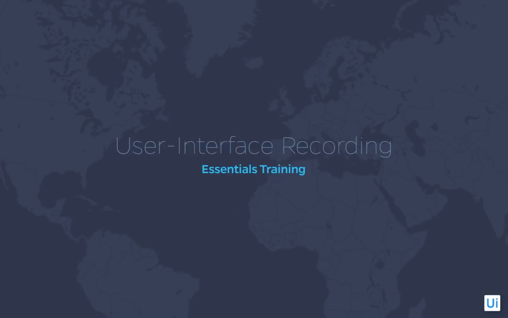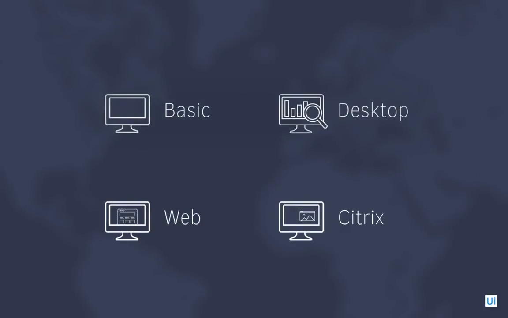That is the end of our user interface recording training. But before you go, it's time for a quick recap. You learned about the 4 types of recording available in UiPath: Basic, Desktop, Web, and Citrix. There's a specialized Citrix recording tutorial, so in this one, you learned about the first 3, which are similar.